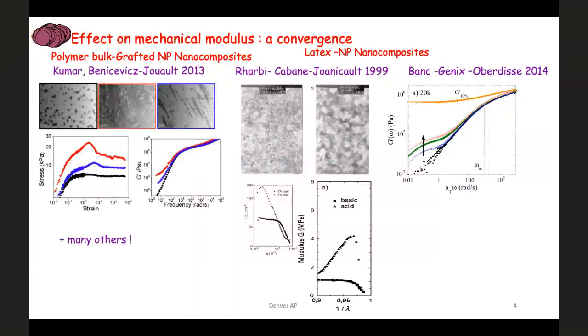And this trick was expanded by actually Julian Oberdisser, and he actually made all of his nanocomposite like that by mixing latex nanoparticles and silica nanoparticles. Is it more clear?